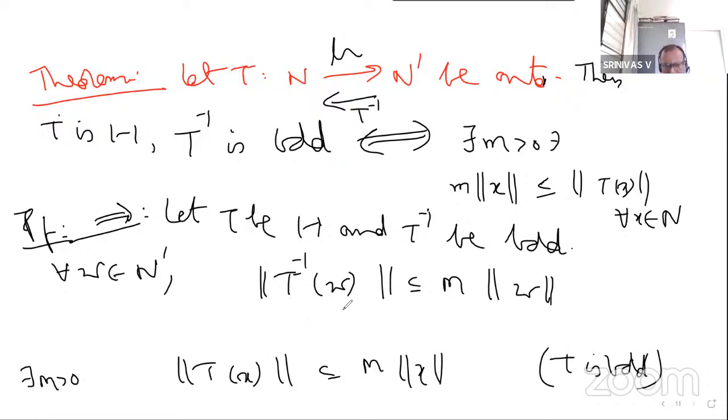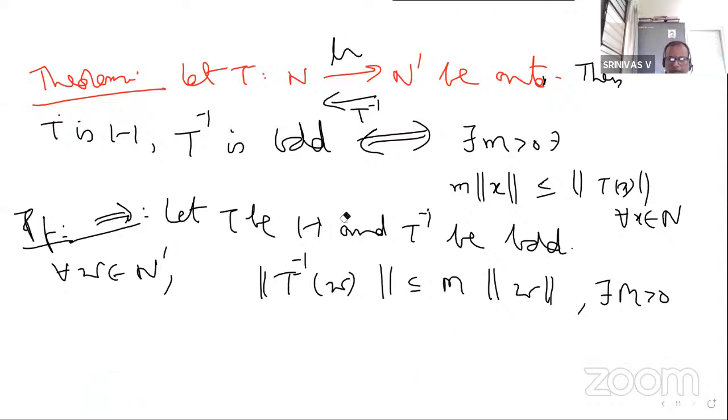So norm T inverse of W will be less than or equal to a positive constant M times norm W. There exists an M positive. This is from the definition of T is bounded. Because our T inverse is bounded, we can write like this. Now, let me erase this.